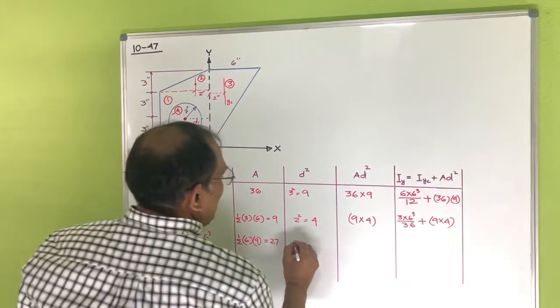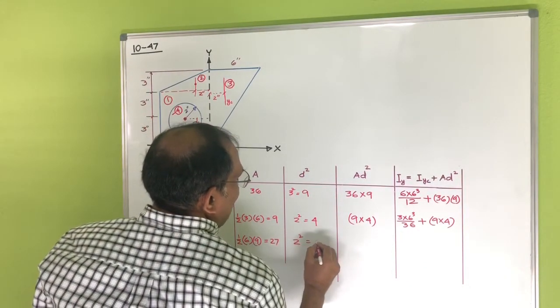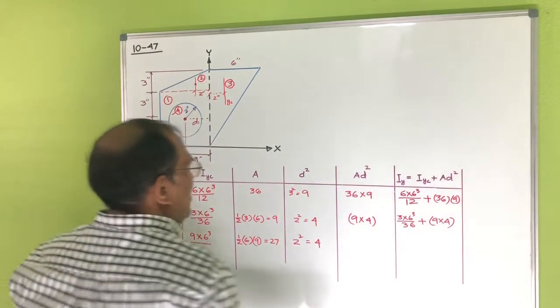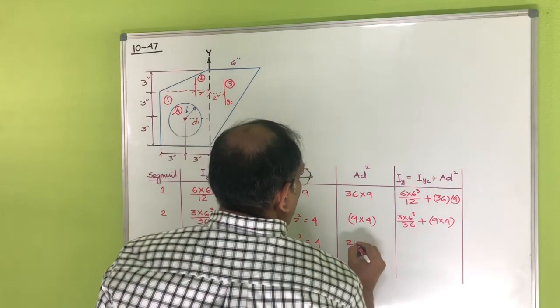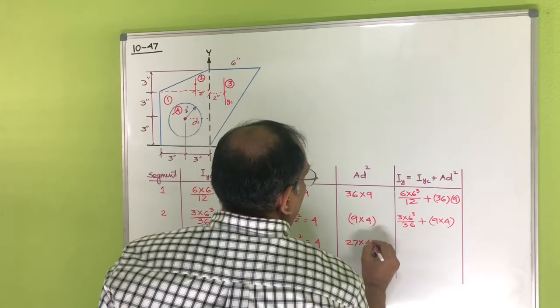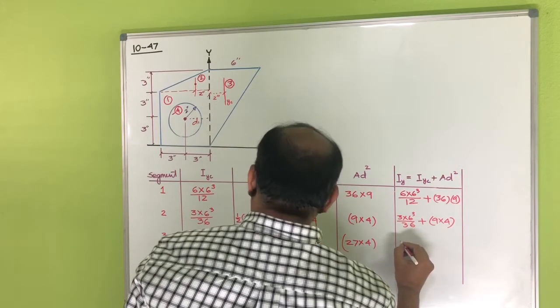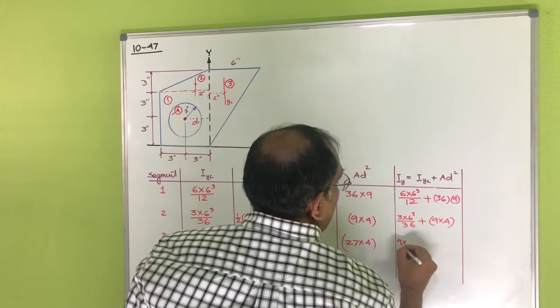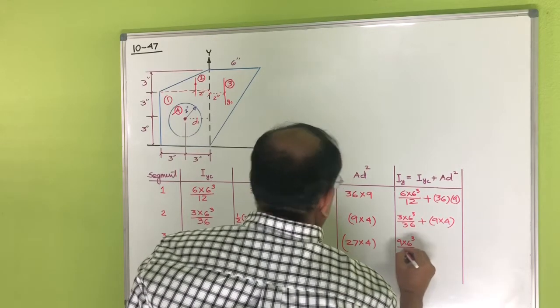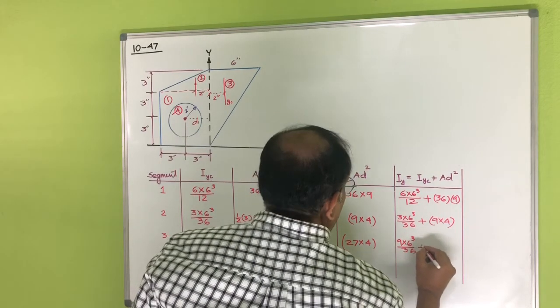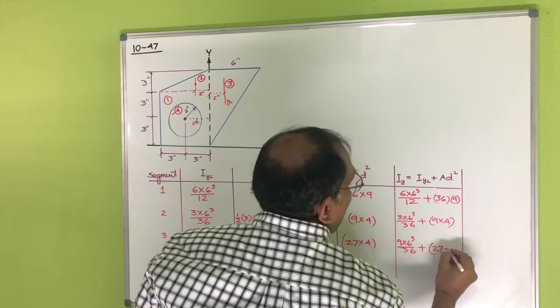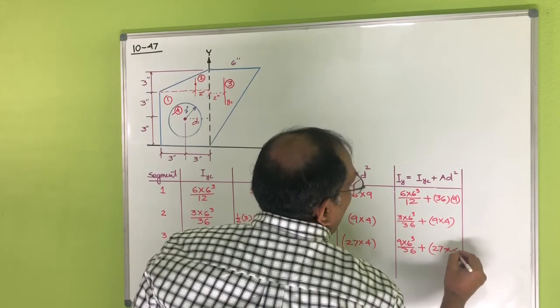So that's 2 square, that's 4. So AD square is 27 into 4, and this one would be 9 into 6 cubed divided by 36 plus 27 multiplied by 4.